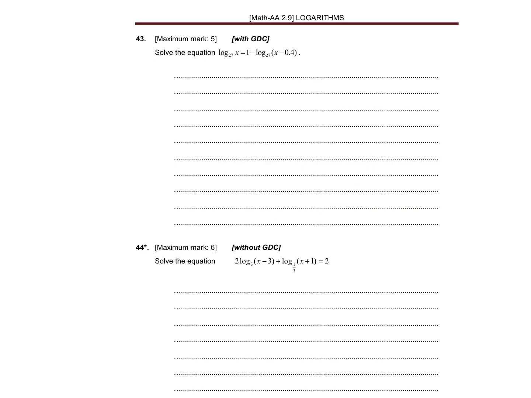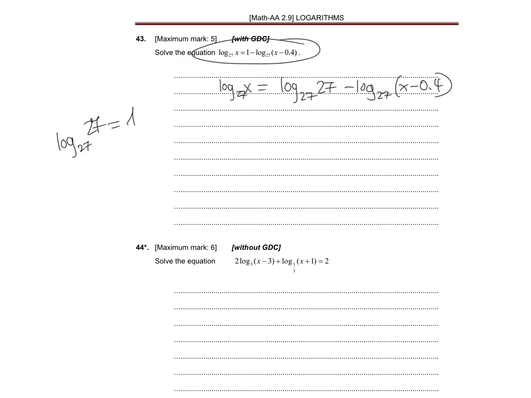All right, for this one, log base 27 of x, the left side's fine, but we need to write 1 as log base 27. So that's going to be 27. And minus log base 27 of x minus 0.4. Honestly, you could probably just put this straight into the graphing calculator and solve this part, and it would do it.